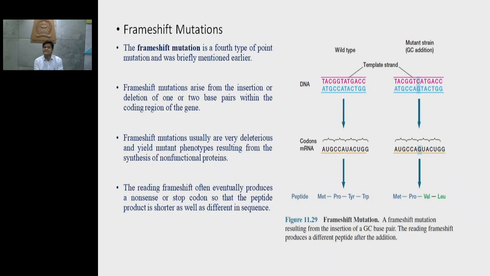So here we can say the reading frame is changed because of the insertion. A GC pair is added here. That's why instead of tyrosine and tryptophan, the codon reading frame of this mRNA transcript forms valine and leucine amino acids. So this reading frame shift produces a different peptide after the addition.